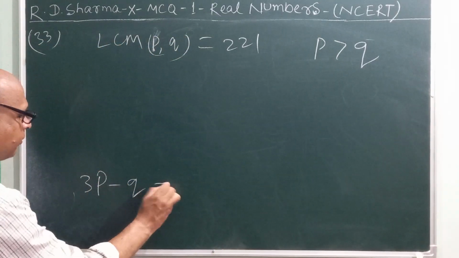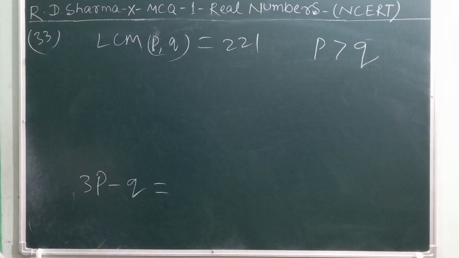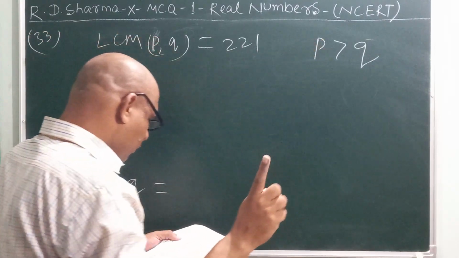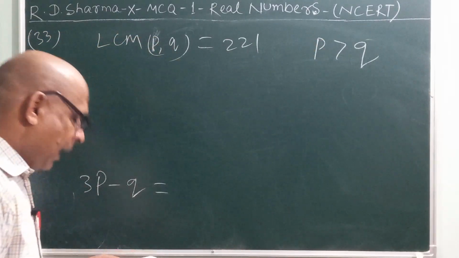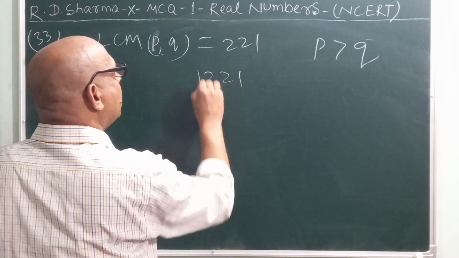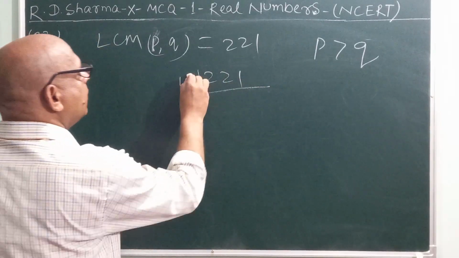The LCM of P and Q is 221, P and Q are prime numbers. Clear?